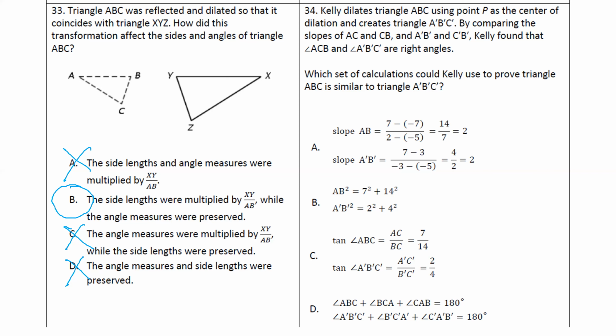On 34, Kelly dilates triangle ABC using point P as the center of dilation and creates triangle A prime B prime C prime. By comparing the slopes of AC and CB, and A prime B prime and C prime B prime, Kelly found that angle ACB and angle A prime B prime C prime are right angles.